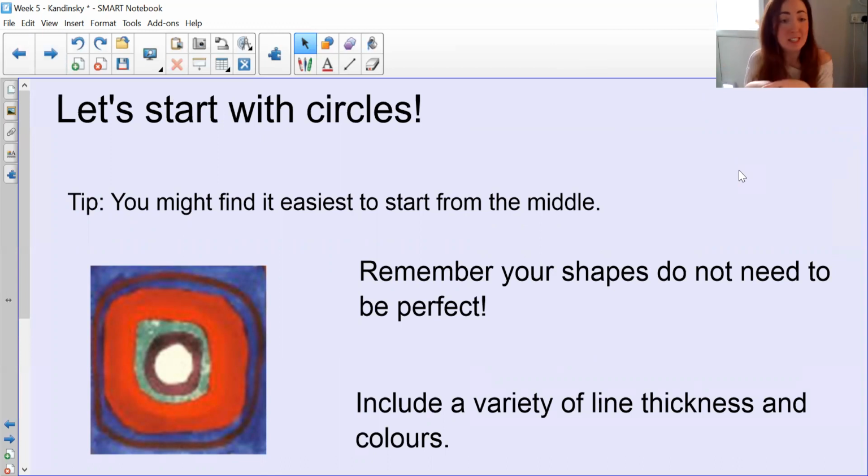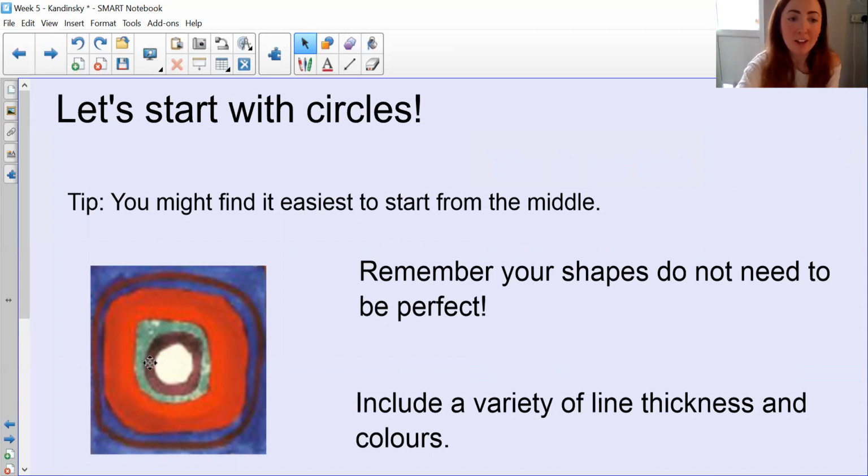So if you've got paint, then brilliant, use your paints. If you don't have paint, that's absolutely fine. If you've got colouring pencils or crayons or felt tips, you can use any of those today to create your art. But as a tip, you might find it easier to start from the middle.